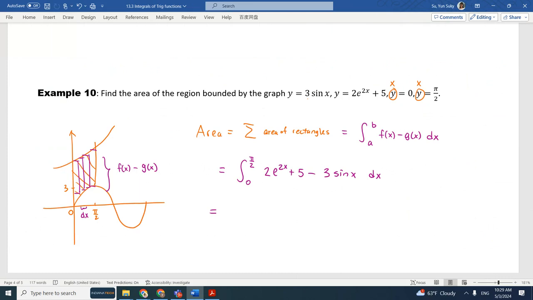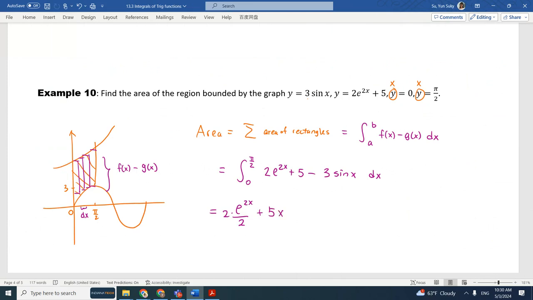And they are already simplified, right? We look at each term. 2 e to the 2x. Look at your formula. What's the integral of that? Exponential function. Yes. So the constant multiple 2 times the integral of e to the 2x is e to the 2x over 2. How about the 5? What's integral of 5? 5x, yes.